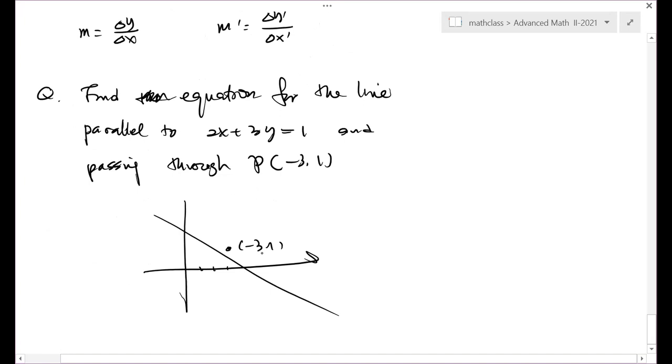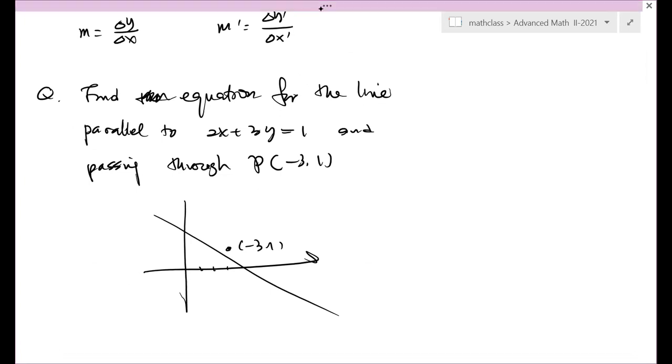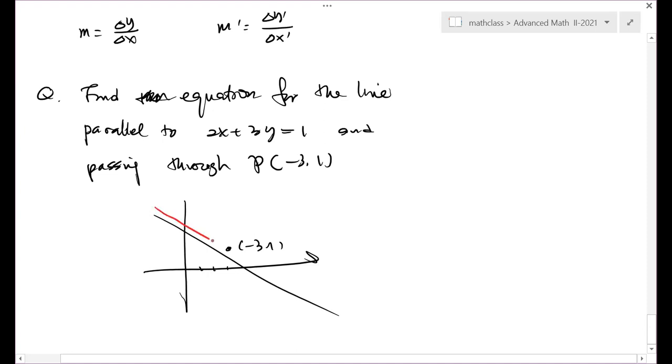We are looking for a line which is parallel to the given line, and it has the same slope. Yes, parallel means they have the same slope.